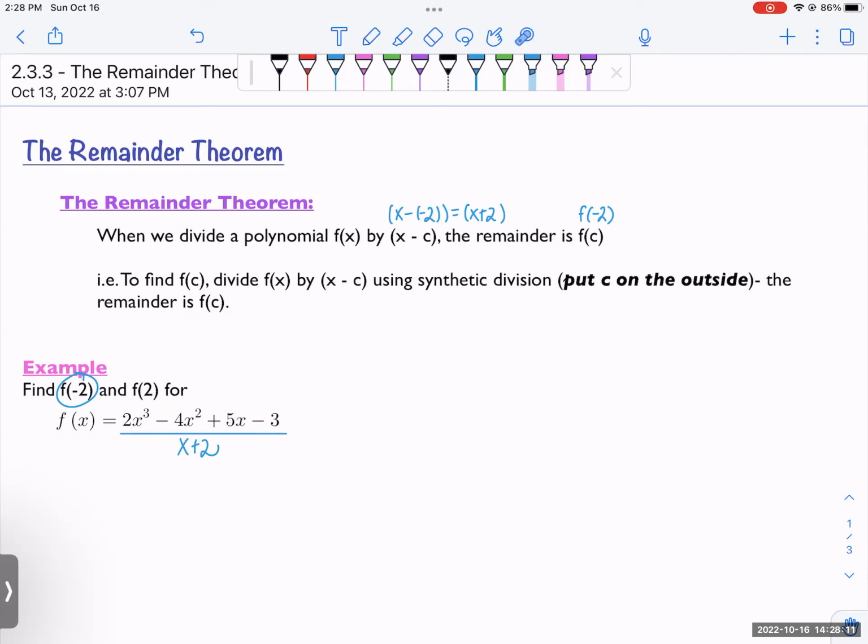But hey, synthetic division says as long as you're dividing by x plus c or x minus c, as long as you're dividing by something of this form, you can use synthetic division.